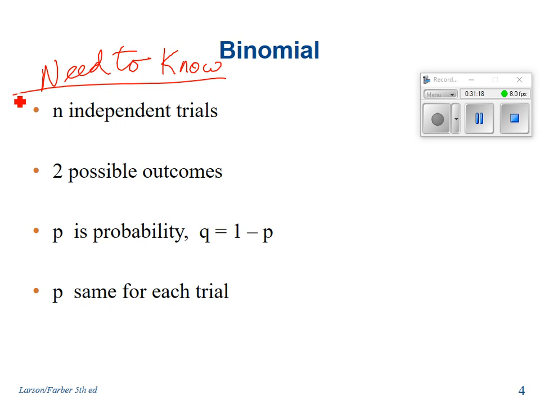And what's Q mean? P means probability. Q is 1 minus the probability. All right? Q is the complement of the probability.